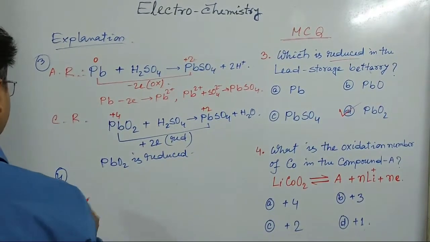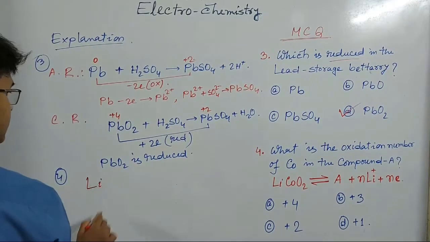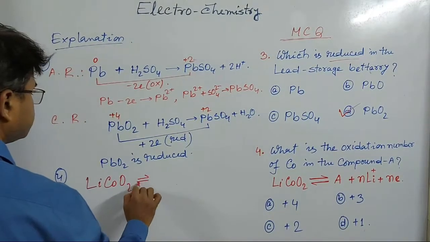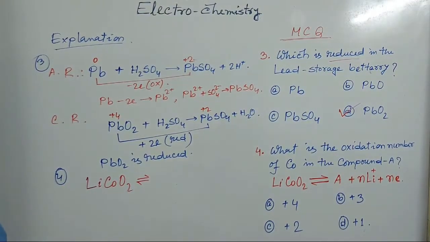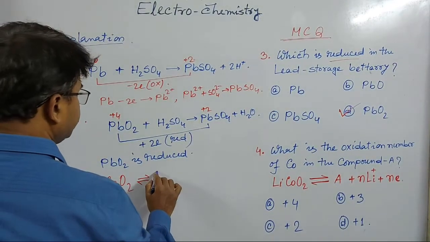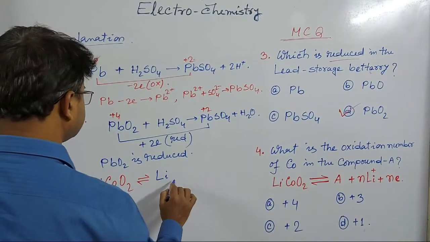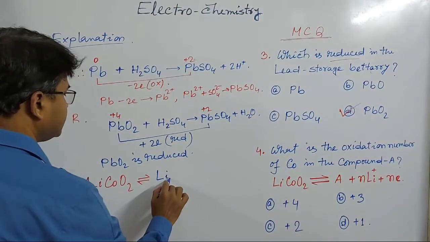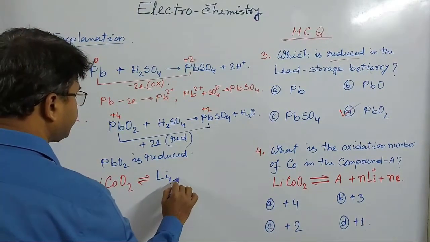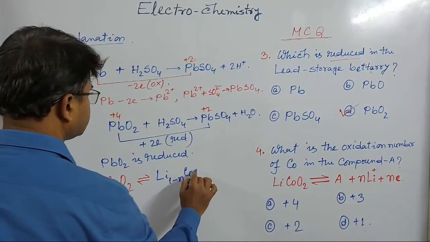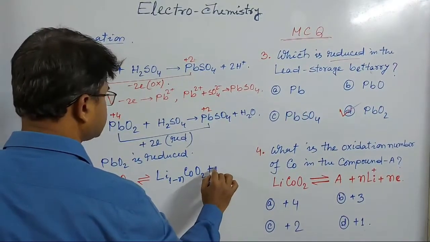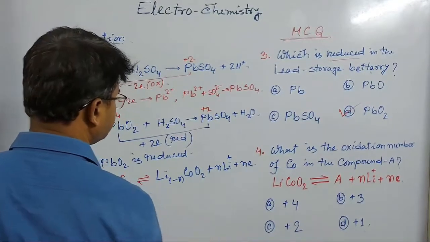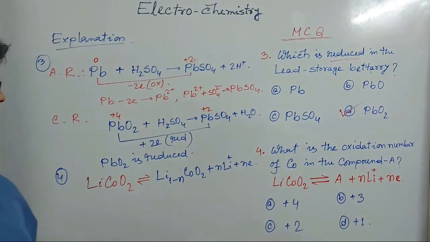This is lead, this is lithium cobalt oxide, and here A is actually lithium 1 minus x cobalt oxide plus lithium ion plus electrons.